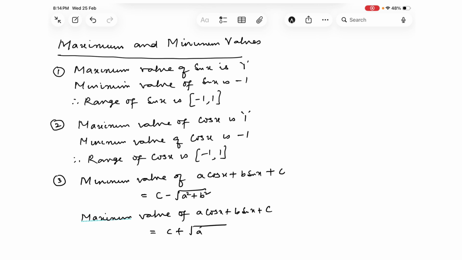Maximum value of a cos x plus b sin x plus c is equal to c plus root of a square plus b square.